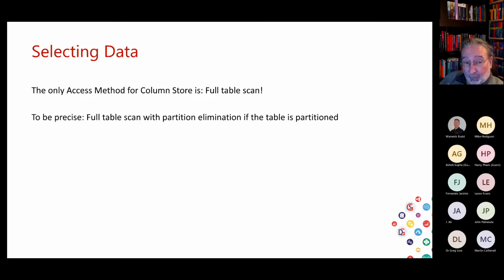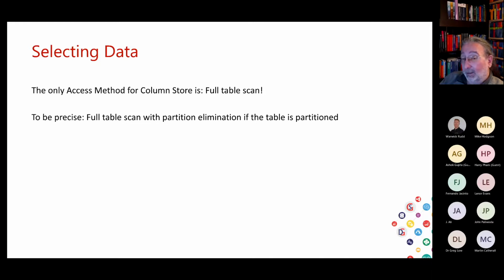To be very precise, because that makes a big difference, it's a full table scan with partition elimination if the table is partitioned. So clustered column store indexes need to be partitioned.